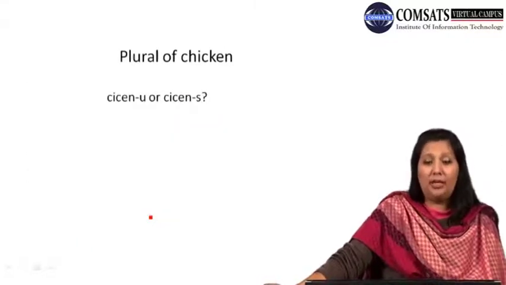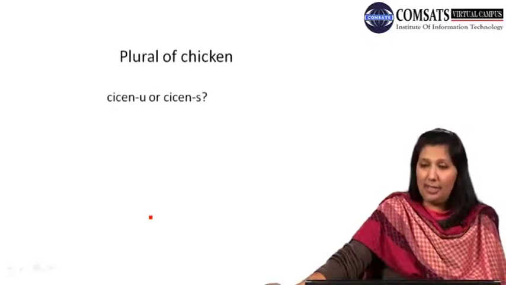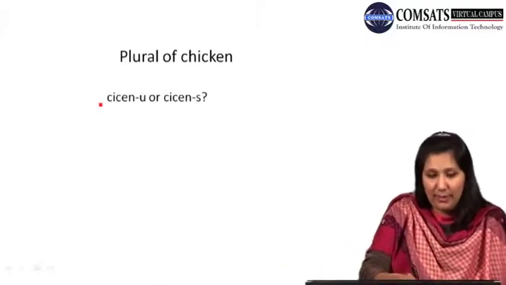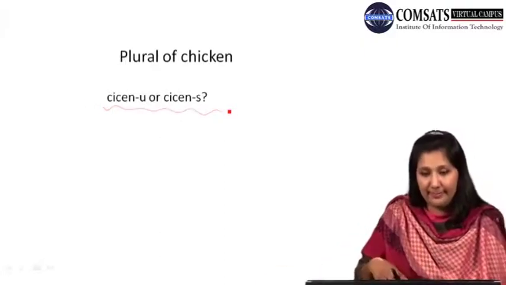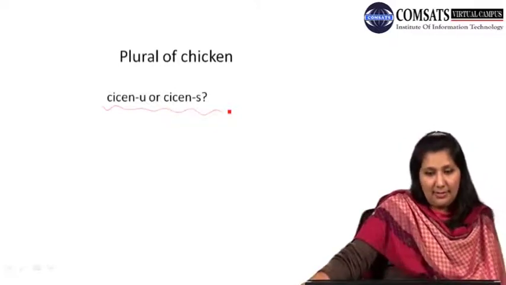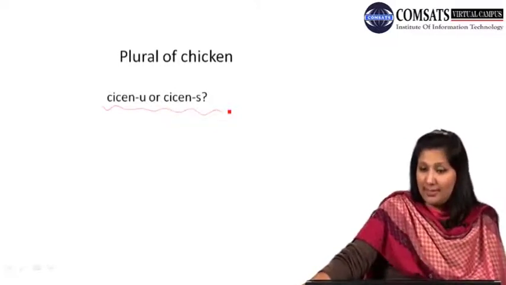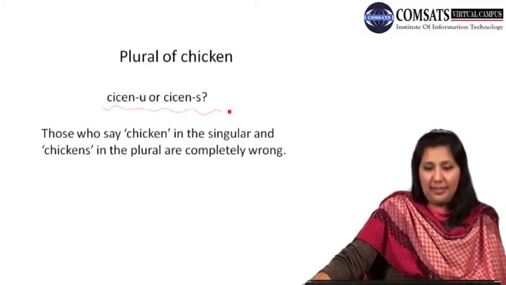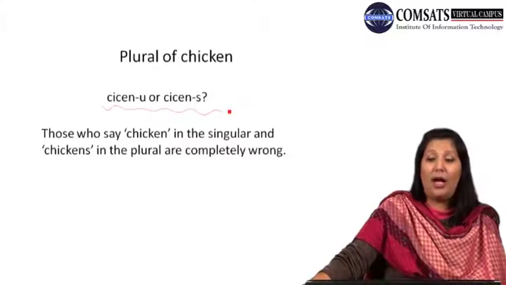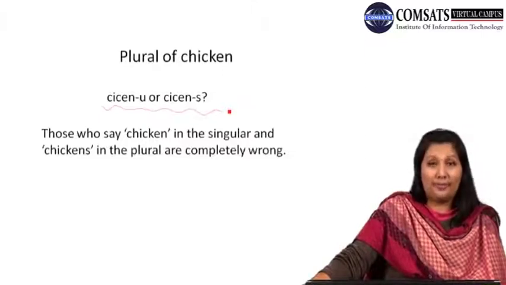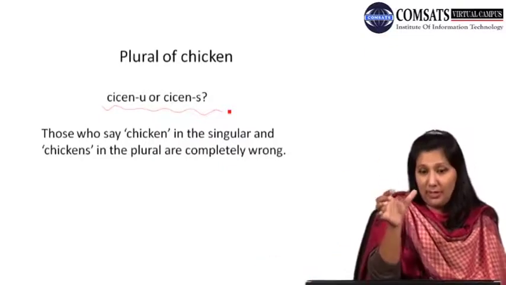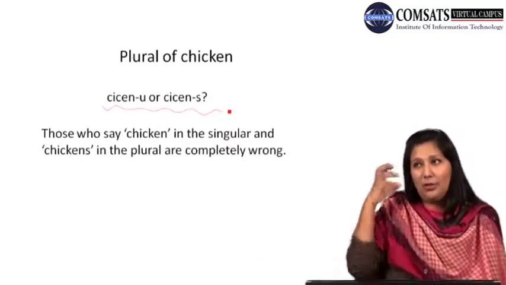Plural of chicken. This was again an issue present in the early Modern English period, and see, is it really the plural of chicken? Chicken, chickens, or chicken. Yes, they say those who say chicken in the singular and chickens in the plural are completely wrong. Is chicken singular or plural?